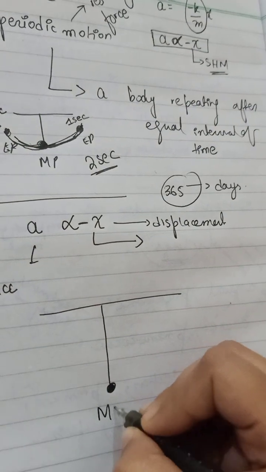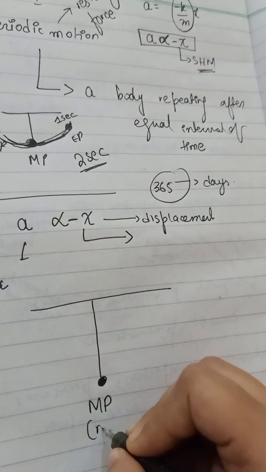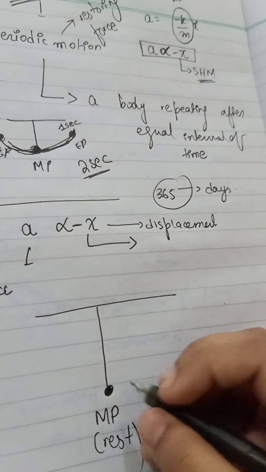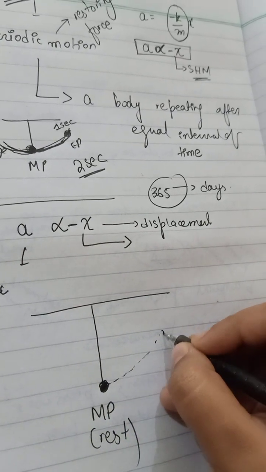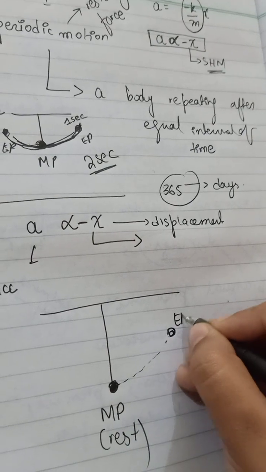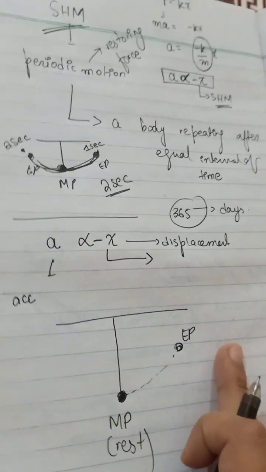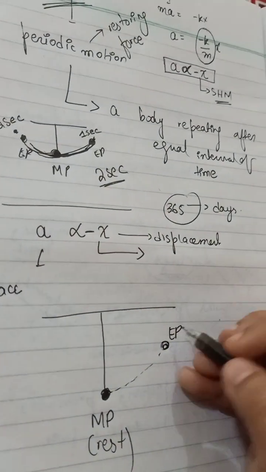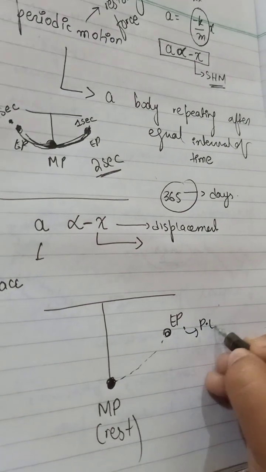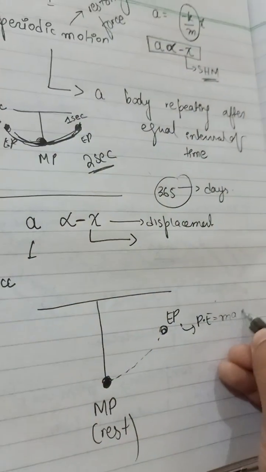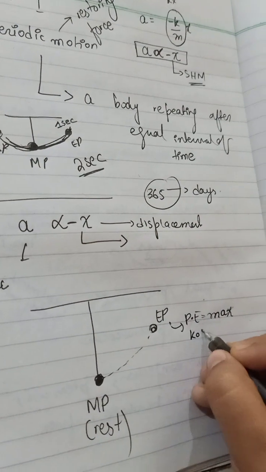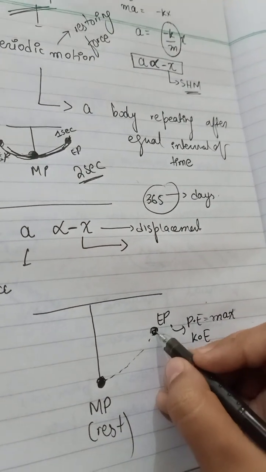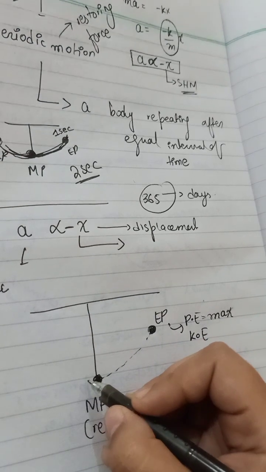This is the mean position, the resting condition, without force. When a force is applied, it will move to this point, which is the extreme position. At the extreme position, the potential energy will be maximum because of the maximum height. At some point it stops and then comes back to the mean position.